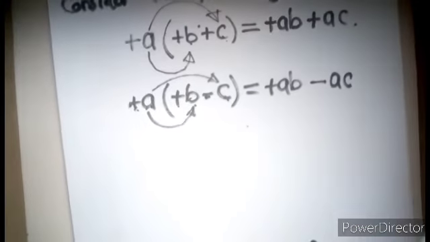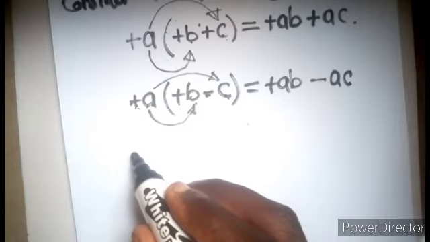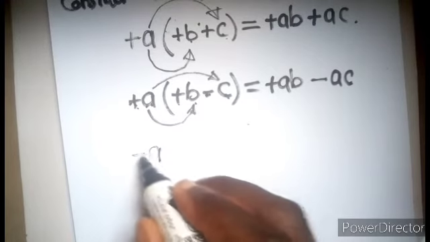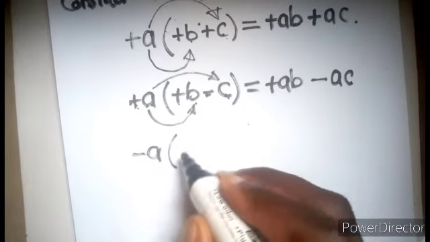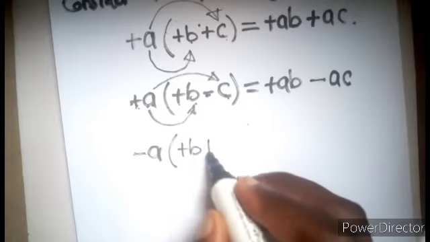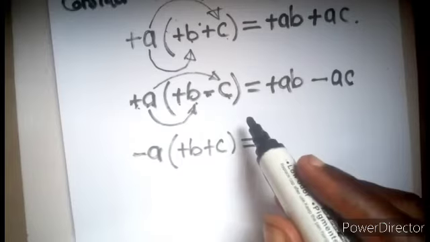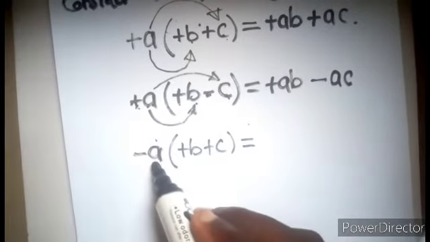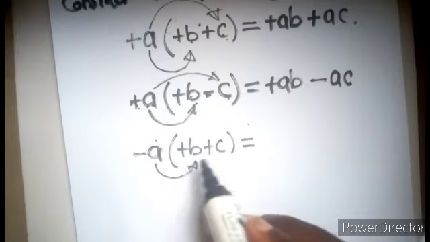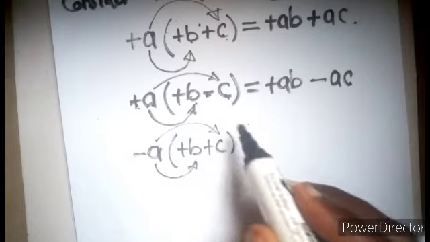Okay, now what if the value outside is negative? Negative a times positive b positive c. What will it give us? Now doing the same thing, we use negative a and multiply positive b, and negative a and multiply positive c.